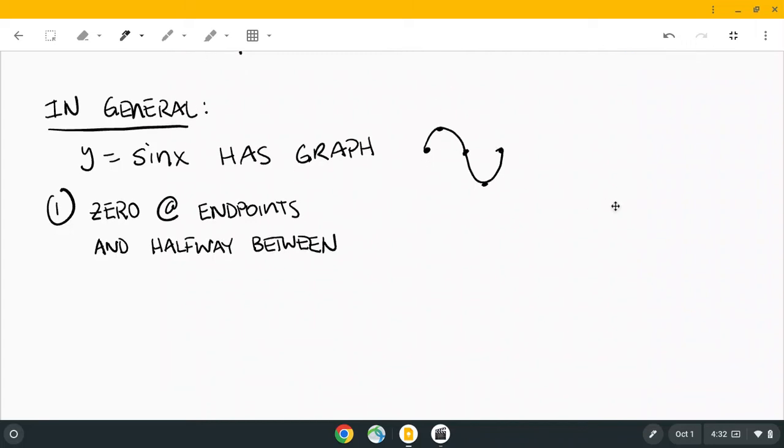Okay. The other thing to notice is that it has +1 halfway between first two zeros.